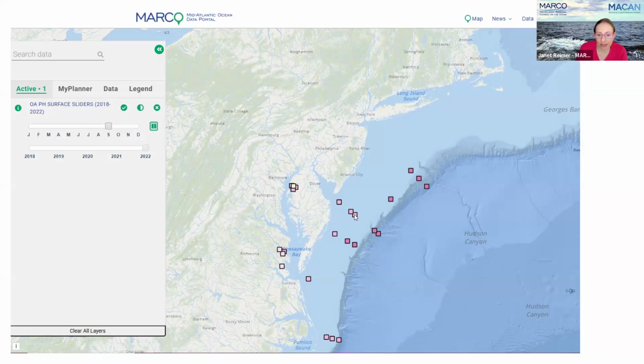And the lighter the pink into the green color, which you can see just a little bit east of Baltimore, the greener it is, the more acidic it is. And that's exactly what we would expect to see, the lighter colors and the more acidic conditions inshore versus out on the shelf, where you would assume that you'd have an ocean pH of around 8 to 8.2.